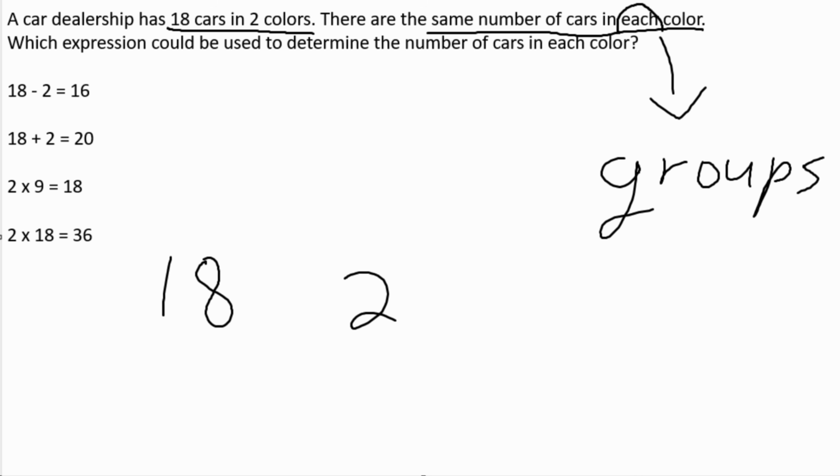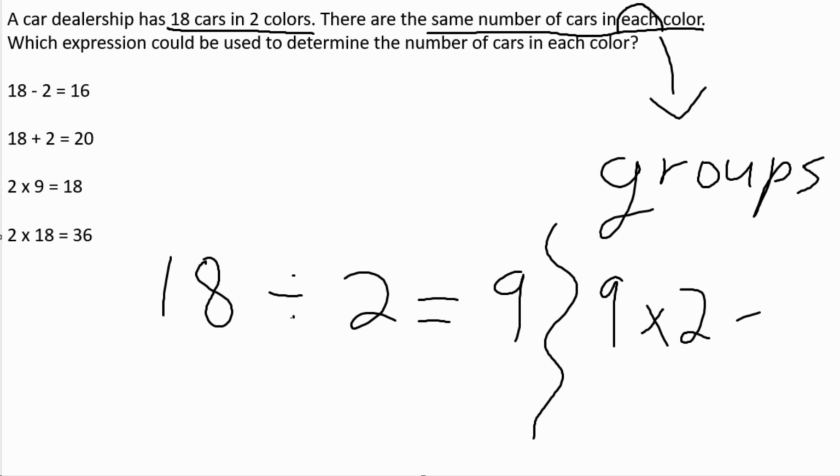We want to find how much is in each group. So we're going to divide. Okay, so what's 18 divided by 2? 18 divided by 2 is 9. But we don't see that in our answer set, so we're going to change that over into a multiplication problem. So we have 9 times 2, which is going to get us 18. And that we can find in our answer set.